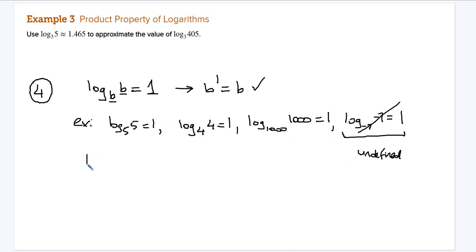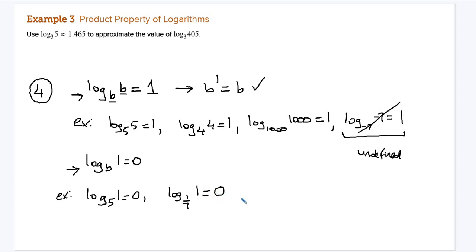Maybe one extra, I don't know if you will see this one, but if you have log base b of 1, this time you have a 1 here for sure, that will be 0. Okay, that's the other rule. For example, log base 5 of 1 will be 0. Log base 1/7 of 1 is also 0, and so on.